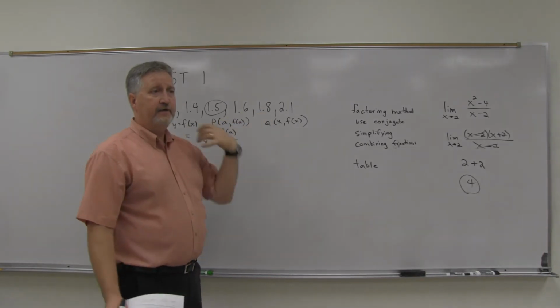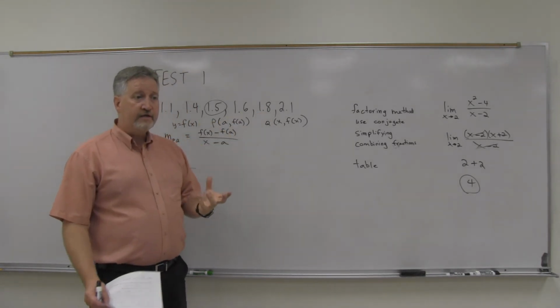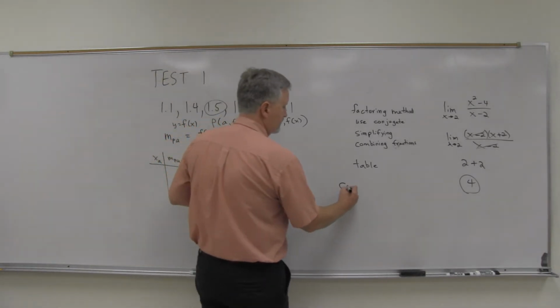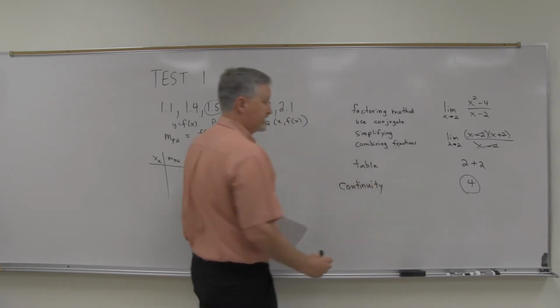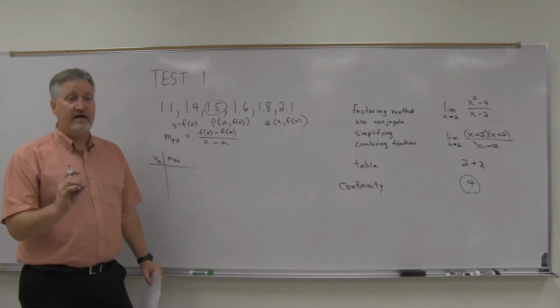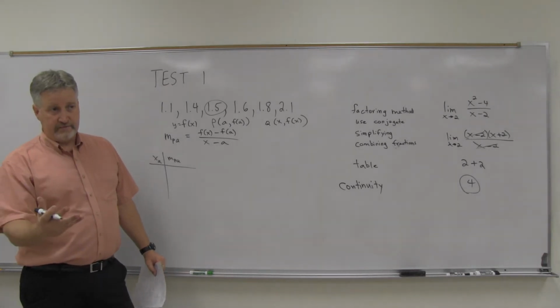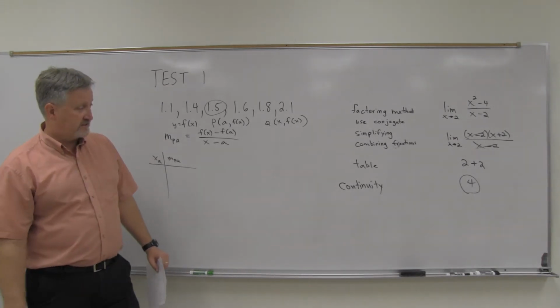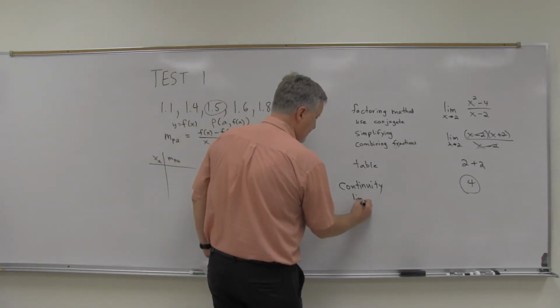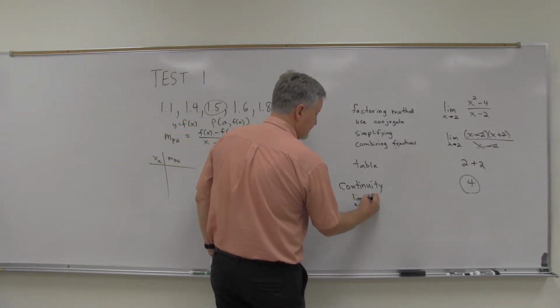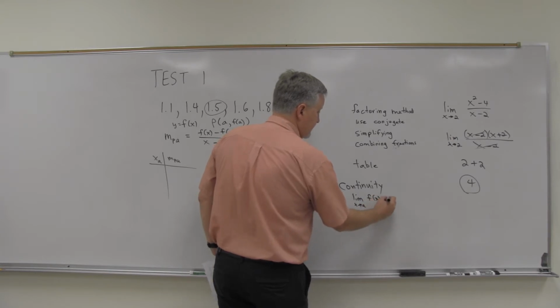1.8 is the continuity. So be sure to know what it takes for a function to be continuous at a value, and thus what it means to be discontinuous. Continuity, there's three things. You've got the limit as x approaches a of f of x that exists.